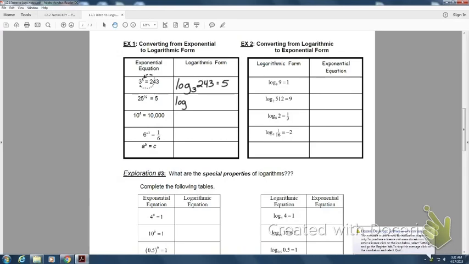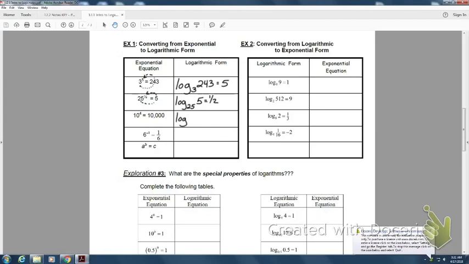Log base 25 of what? 5 equals 1/2. So say that whole thing correctly. Log base 25 of 5 equals 1/2.